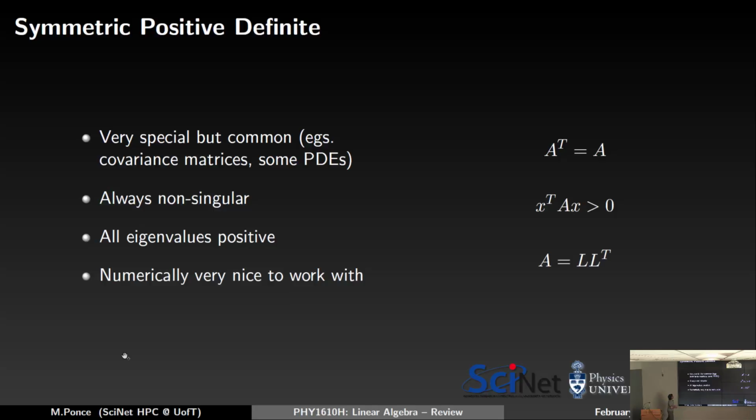That shows you that it is non-singular. Even more, you can prove that all the eigenvalues are positive. And the nice property is that it can be decomposed into a lower triangular matrix and the transpose of it. Why is that? Because of this property of having all eigenvalues positive, basically.